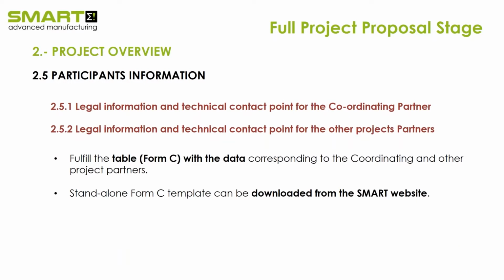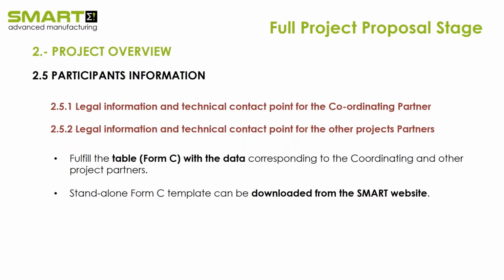And finally, there is the participants information, which is the more administrative information, both for the coordinator and for the other partners, with the legal name, legal address, the contact persons, the telephone, emails, and the visiting address.